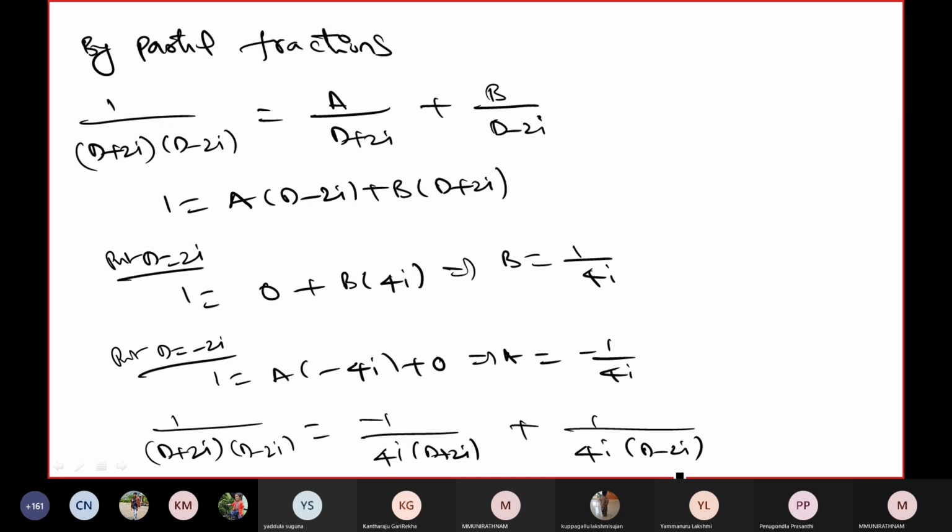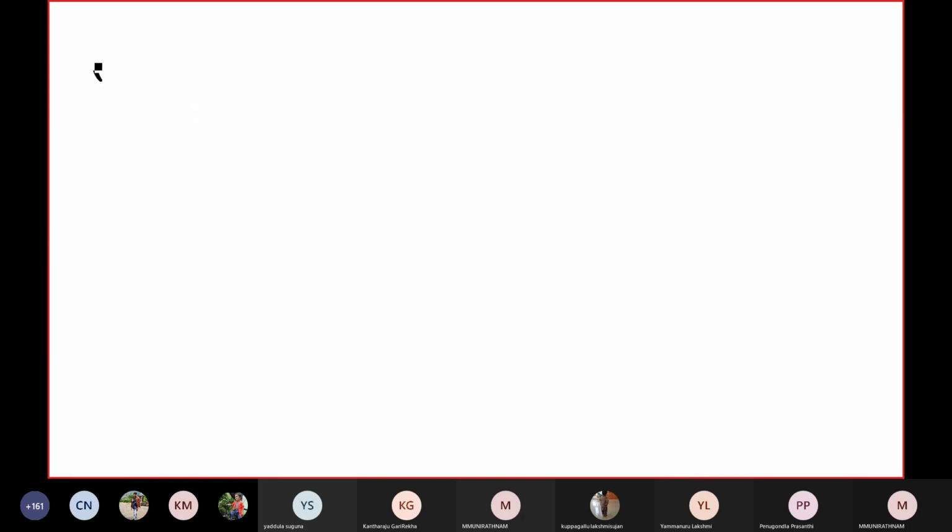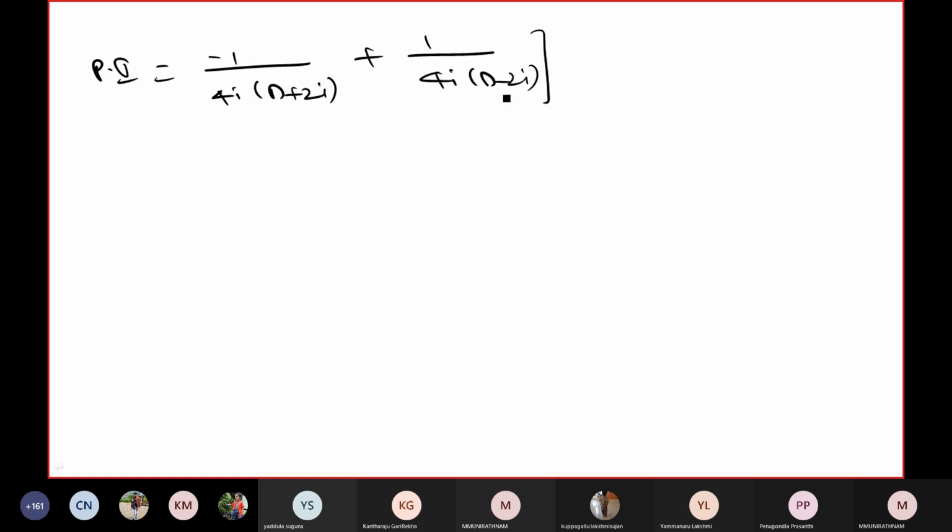Okay, so I'll go for pi. The pi we have, u of x is secant 2x, right? Secant 2x. Okay.